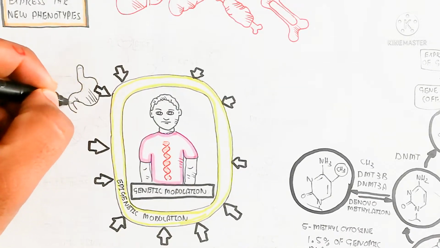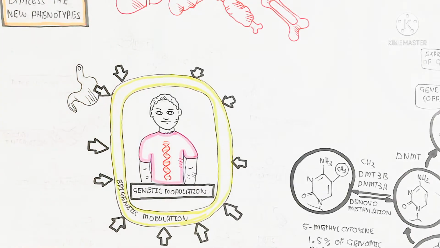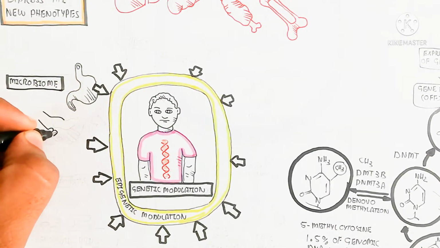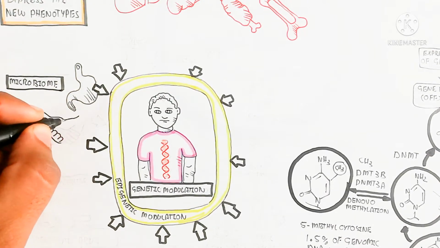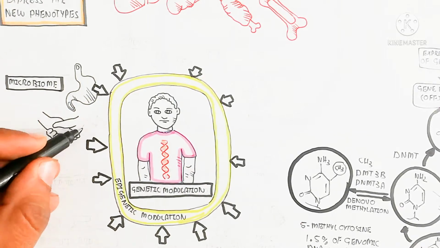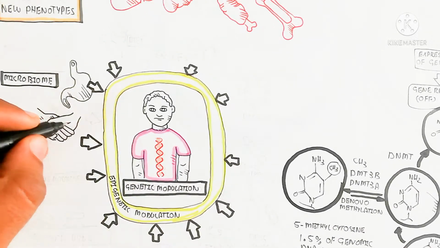So here the genetic modulation is inside and innate, while epigenetic modulation is adaptive modulation, and it can come through our digestive system, the microbiome in our gut, and social interaction.